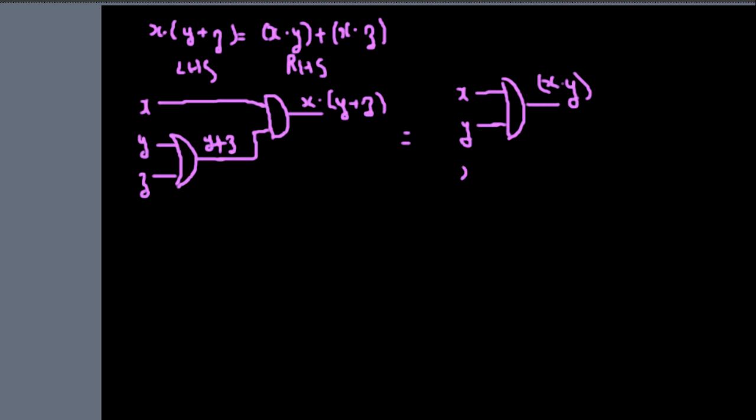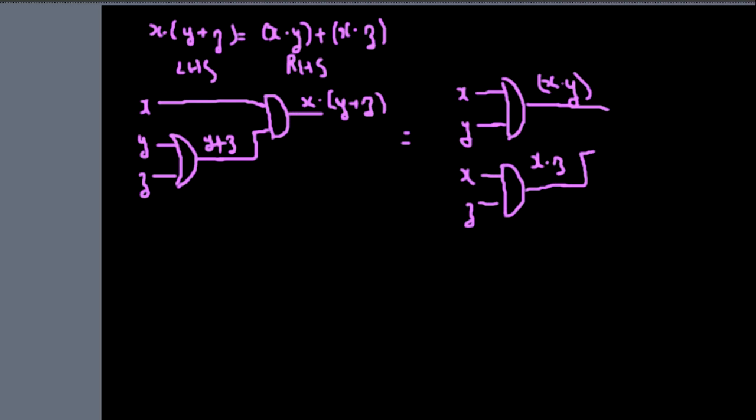If you want, you can take one x from here and then one z as well, and pass them through an AND gate. But my advice to you would be to take another x and z and pass them through an AND gate, so the output from this AND gate would be x multiplied with z.